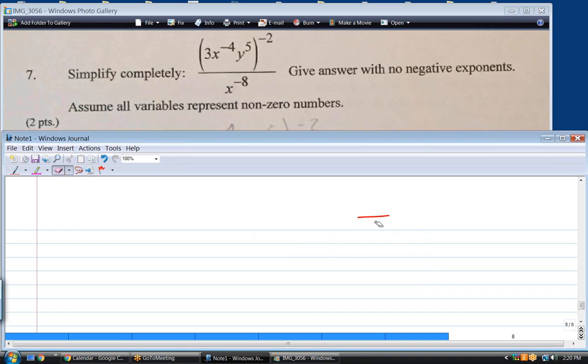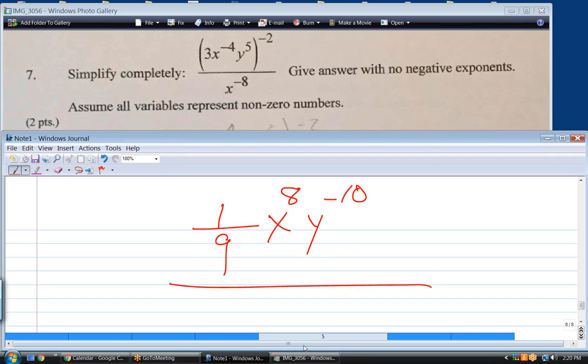Right. So if we go through this thing, let's do the numerator first. Okay, well, when I apply that to the 3, I get 1/9. That's in the numerator. And then I get x to the positive 8. And then I get y to the minus 10.